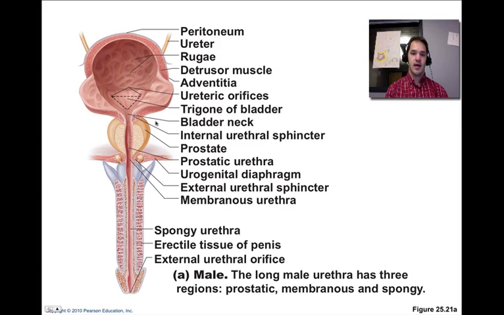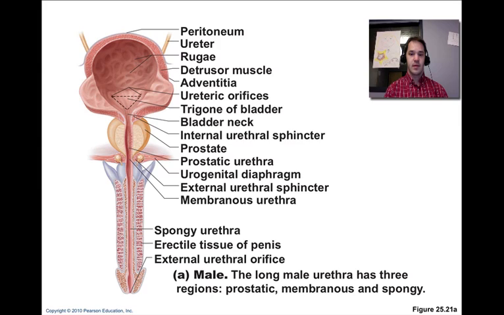So males have a couple differences from females. You didn't know that, huh? The prostate is right under the internal urethral sphincter, and it actually goes around the urethra, and there are several different regions of the urethra.